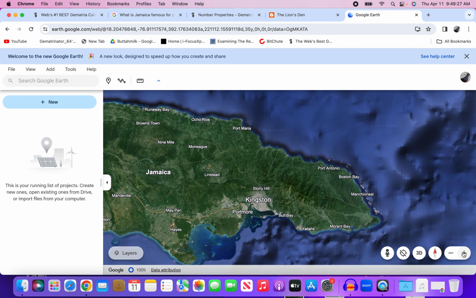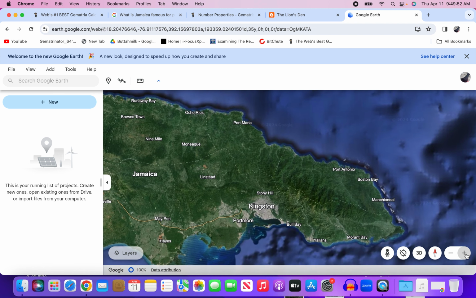And so very mountainous and jungle-like. And there's also beaches, not as much as the northwest coast of Jamaica. But this was one of the original tourist spots, actually, in Jamaica, and then things moved west.